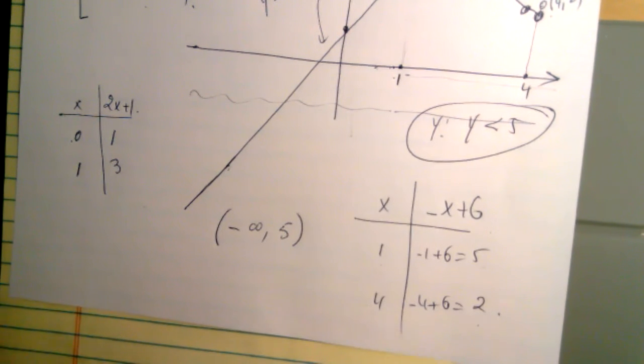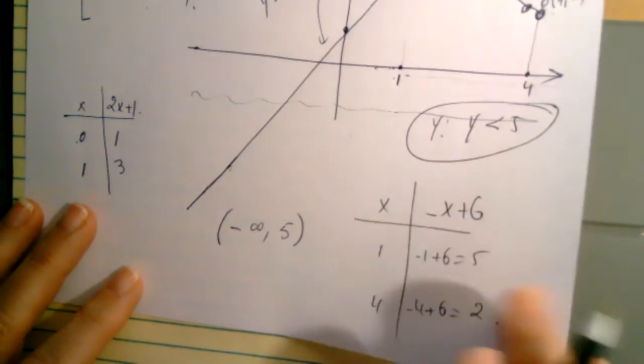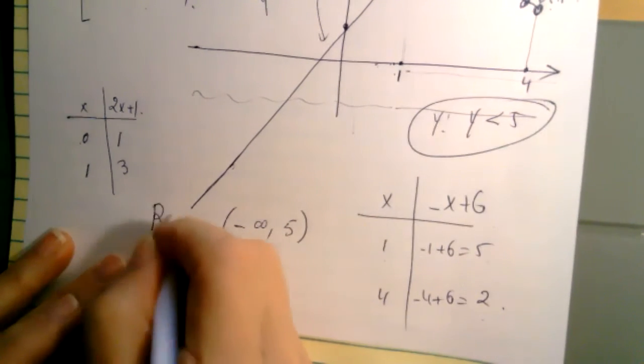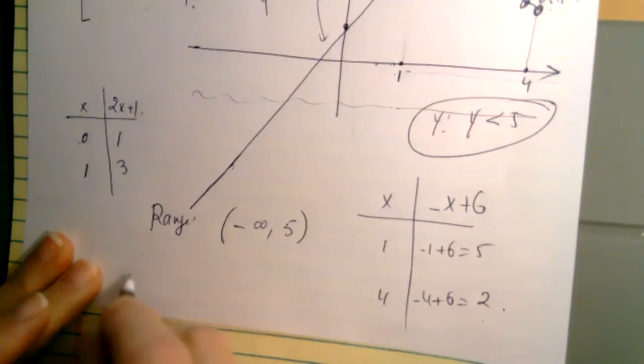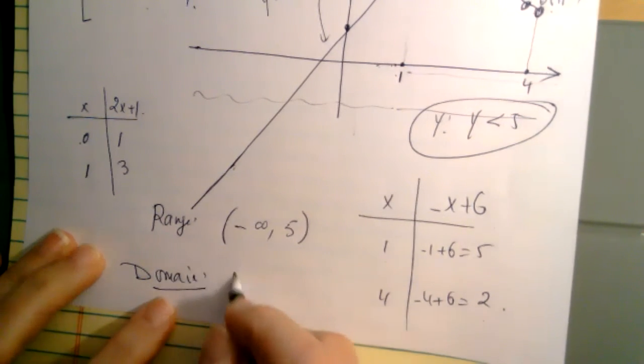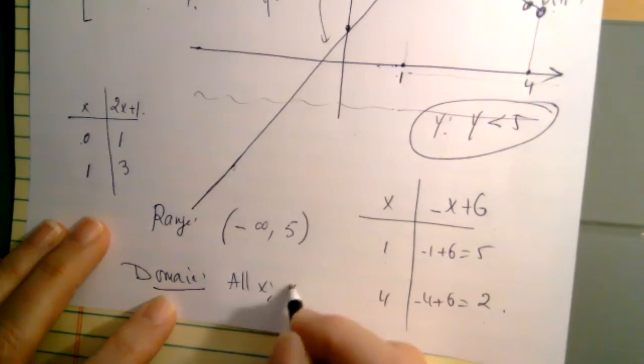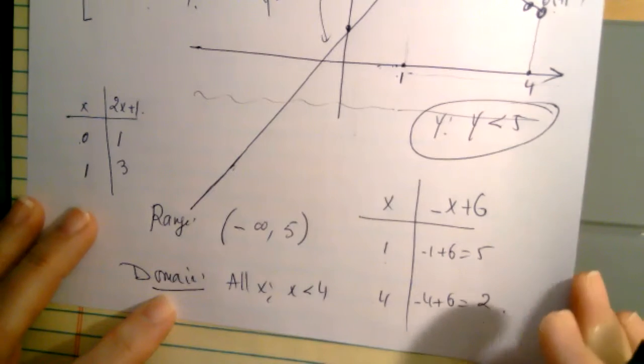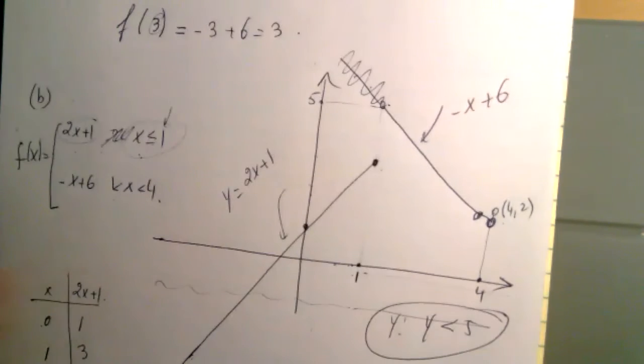So the domain was what again? That's the range. The domain is everything less than 4. All values of x such that x is less than 4. Why is this the domain? If I ask you f of 5, can you give me an output?